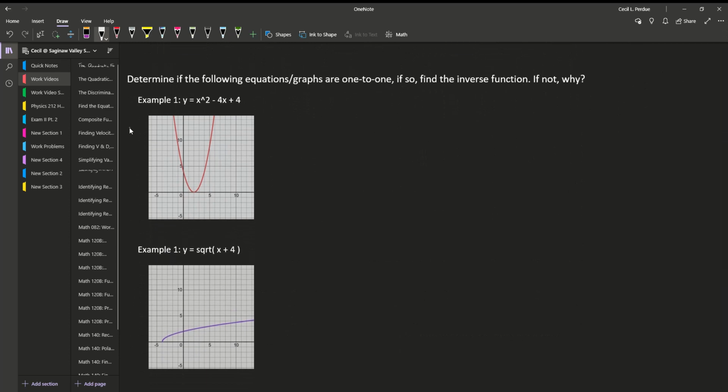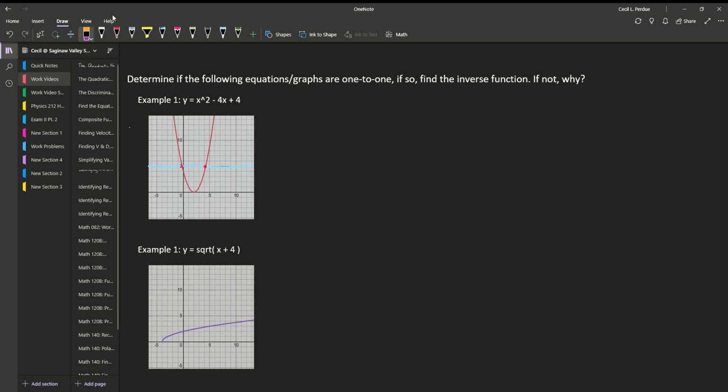For these two examples, we're going to want to determine if the following equations or graphs are one-to-one, and if so, we want to find the inverse function. If they aren't, why? So for the first one, if we do the horizontal line test at any point above x equals 0, then we're going to see that when we make that line, we have 2 points that intersect the horizontal line.